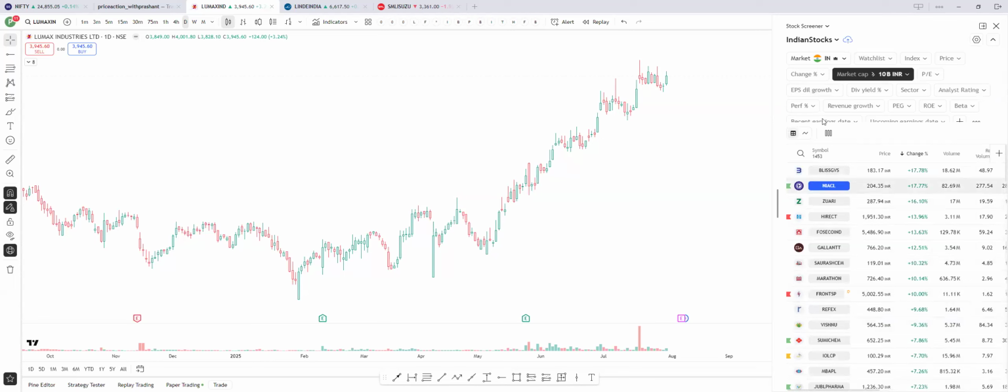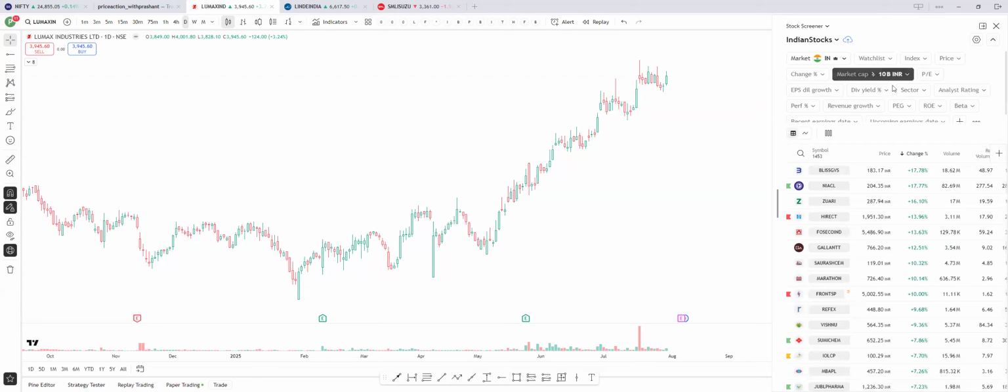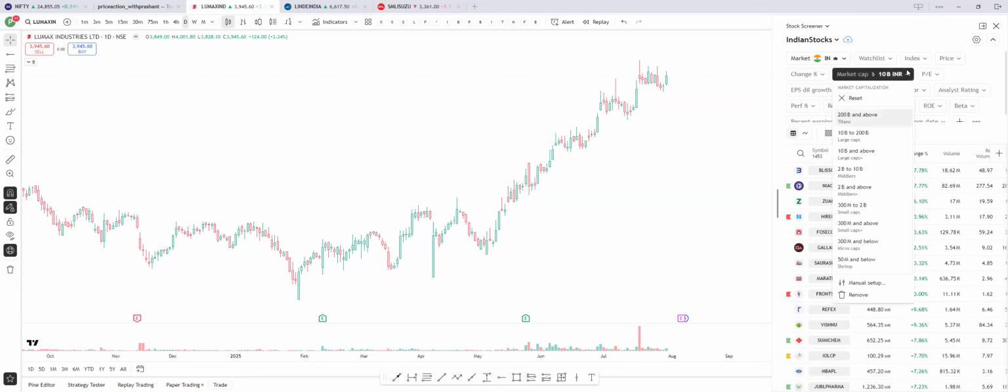This screener opens like this. You can change the parameters, whatever criteria you want. You can keep those parameters. I just keep market as Indian market and market capitalization more than 10 billion. 10 billion and above, that is the criteria.